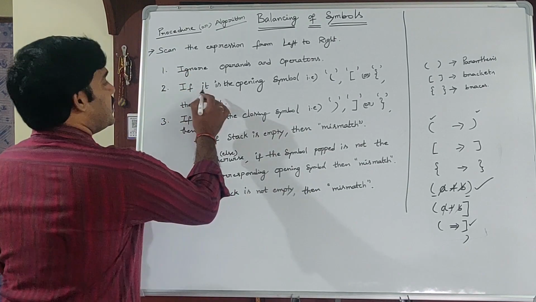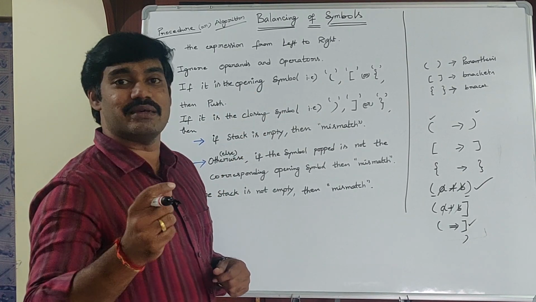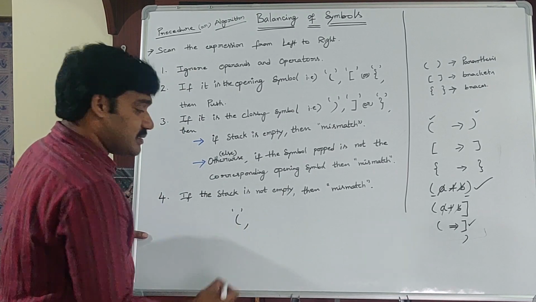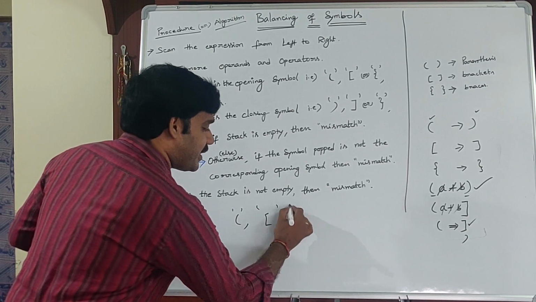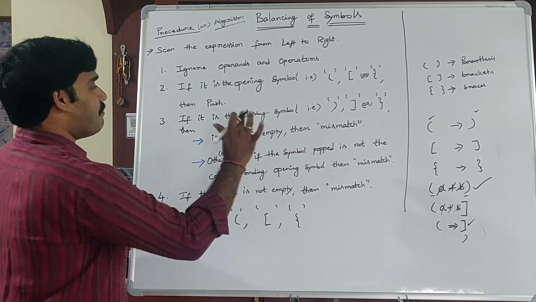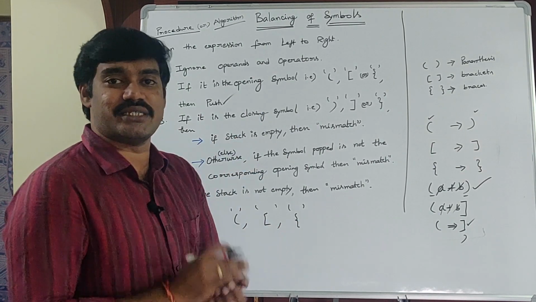Second one is if it is the opening symbol. Opening symbol means either opening parenthesis or opening bracket or opening brace. If it is the opening symbol, simply push into the stack. Without checking anything, push into the stack.